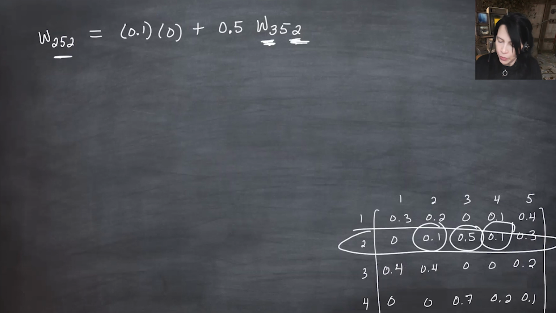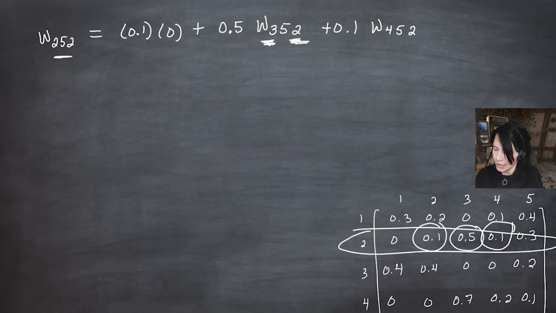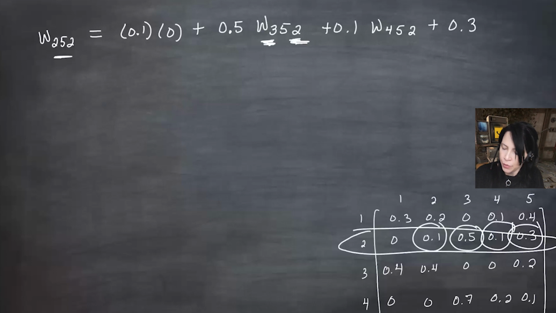With probability 0.1, I'm now at 4, and I want to count the number of hits on 5 before the first time I hit 2. And with probability 0.3, we're at 5, and I want to count the hits on 5 before I hit 2.